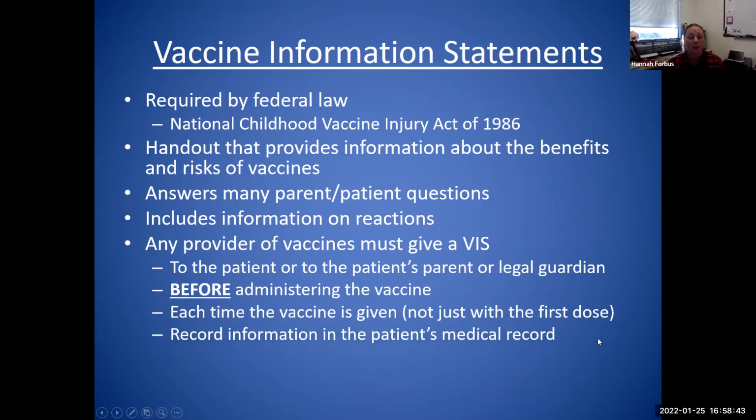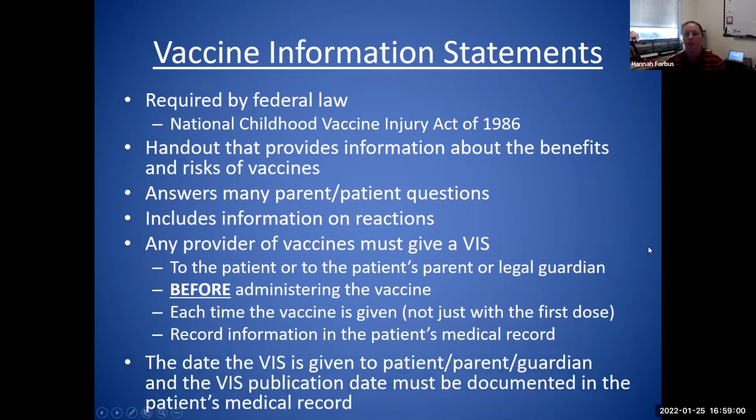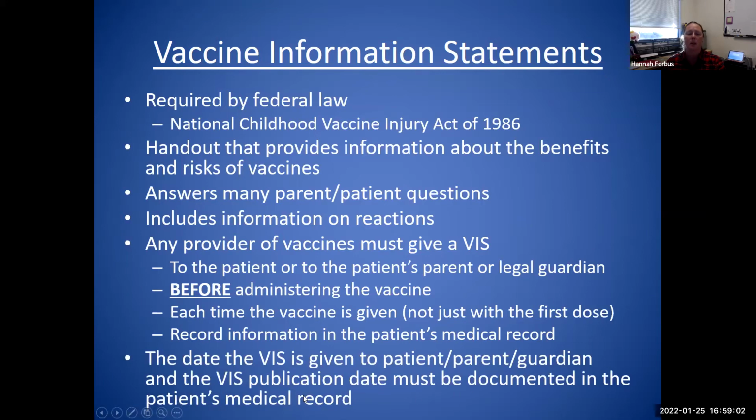And we have to document that. We have to record and document in the medical record that we gave the vaccine, the VIS, and the date on the VIS, right? The most recent version. We always have to give the most recent version. Make sure you're not giving an expired version, okay? That must be documented. At PAMF, you'll see they sometimes have them laminated in the exam room, right?